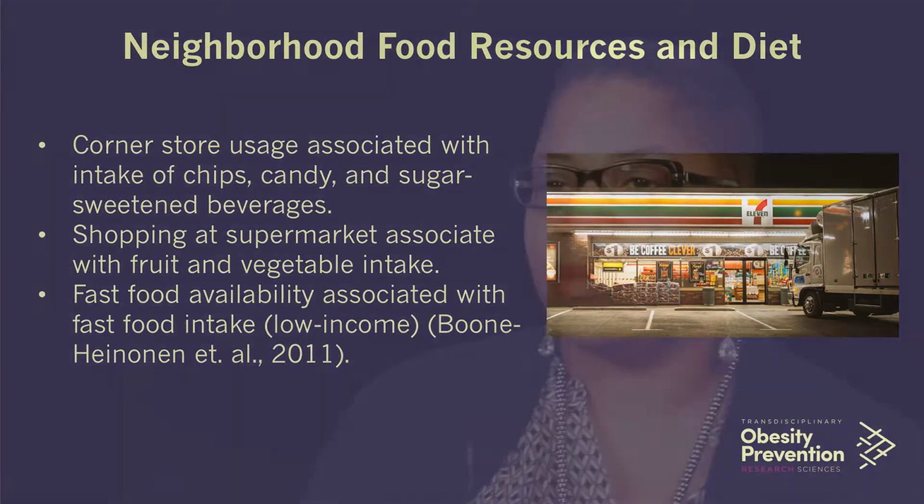But there are some limitations to the research that we have on neighborhood food environments. We know that neighborhood environments play a vital role in shaping obesity risk as well as in obesity prevention.